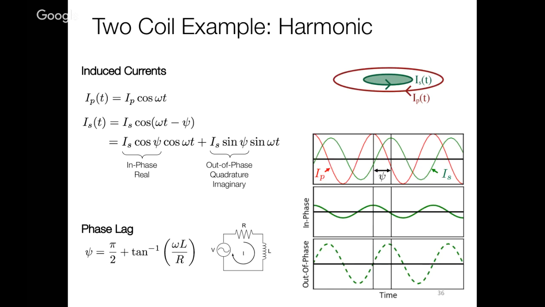So I go from the primary to the secondary. That's the amplitude. And what's the other thing that could change? It can lag. Yeah, it can lag, exactly. You guys are all engineers, you know about that. Okay, so the secondary field or current varies as cosine of omega t minus some phase angle.